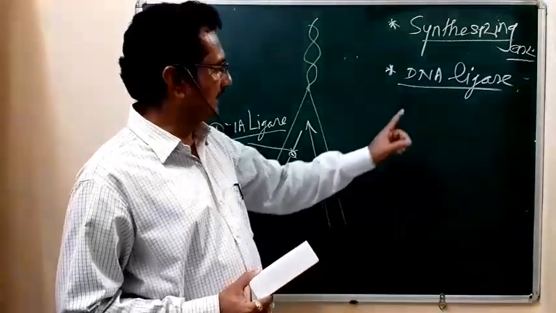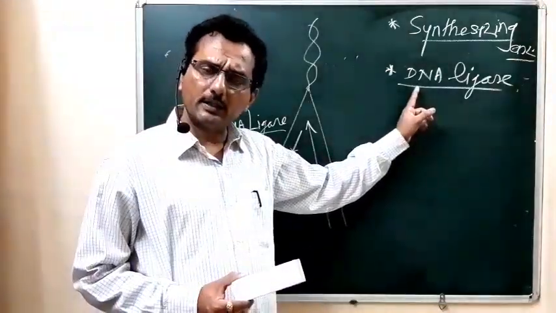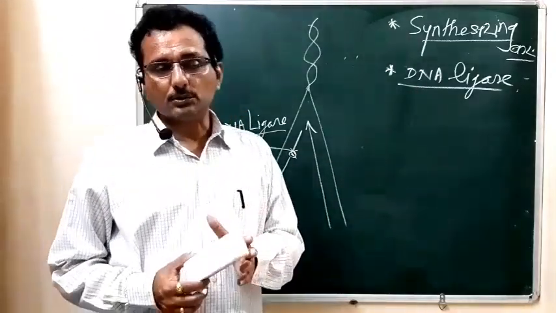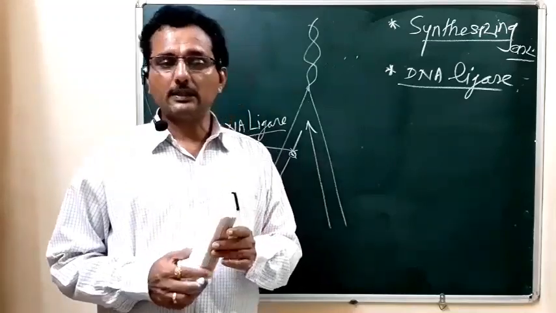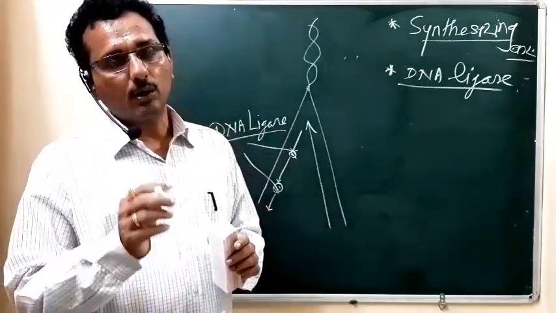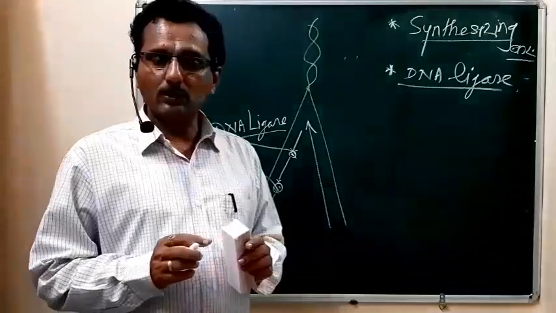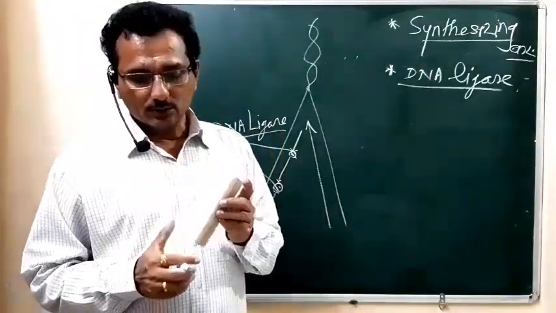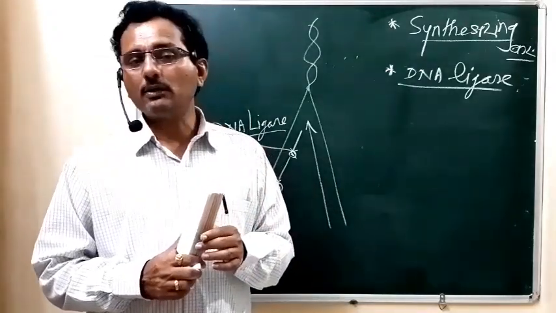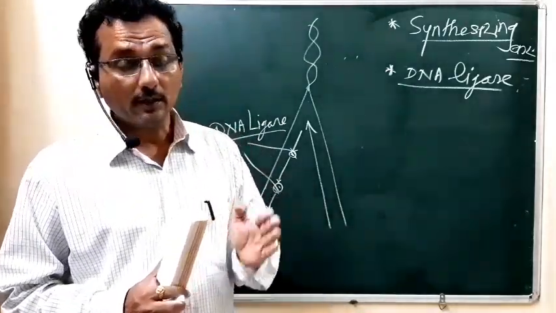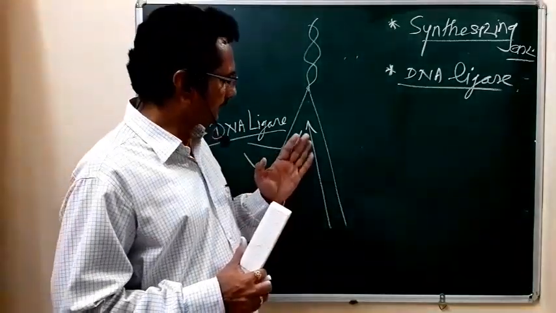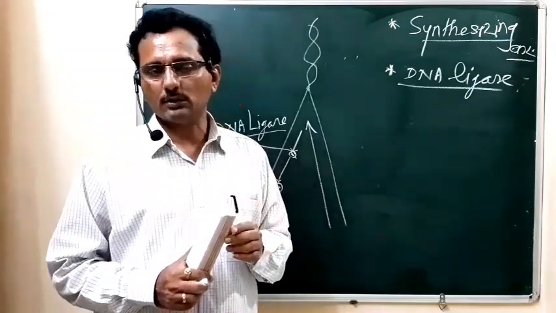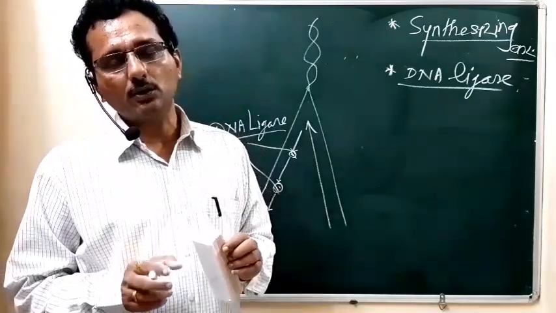So this DNA ligase enzyme plays a most important role in our DNA technology, because when we want to insert the gene of interest inside the vector, we want to join and fix it. So this is the joining enzyme. It is also called a molecular glue. I also want to mention the parallel term with respect to the restriction endonuclease enzyme.